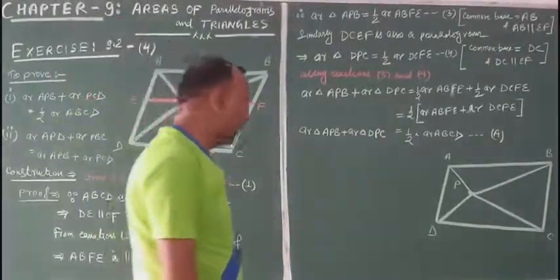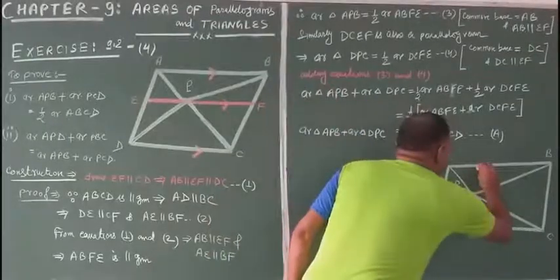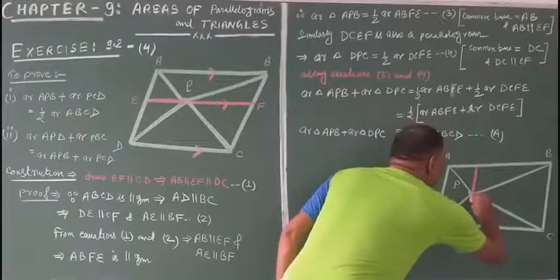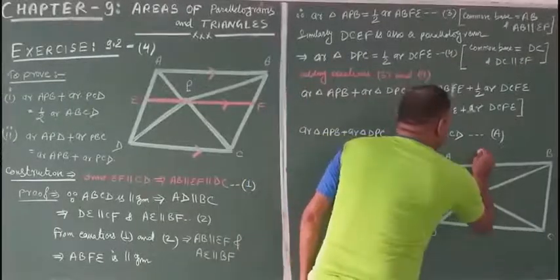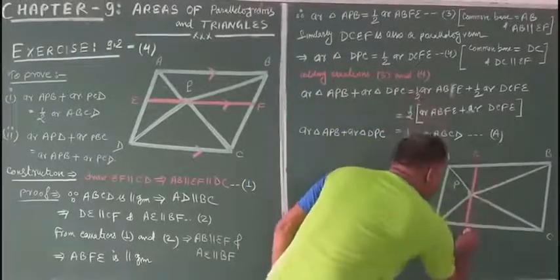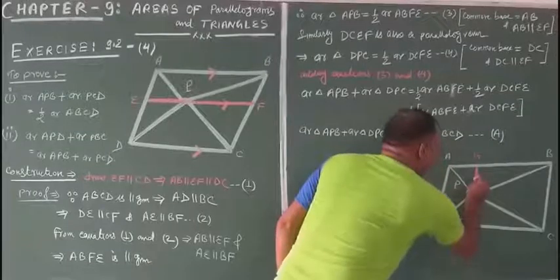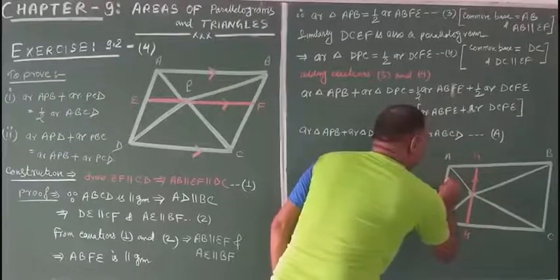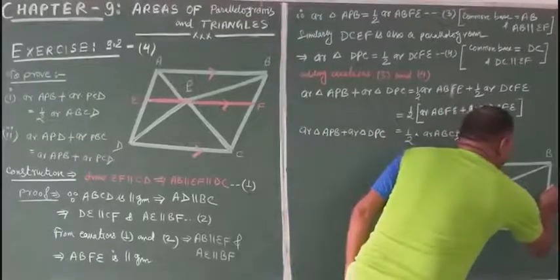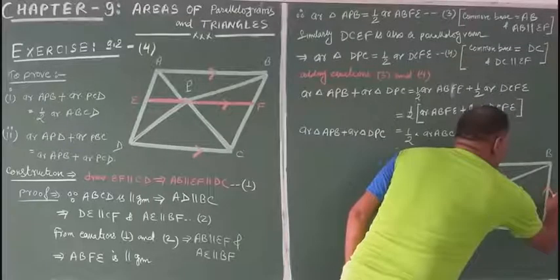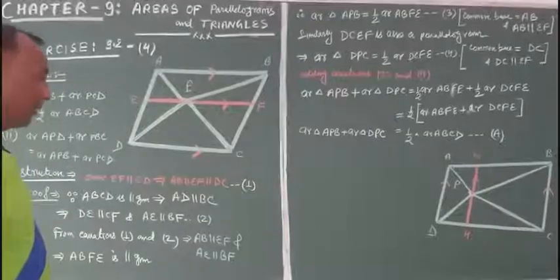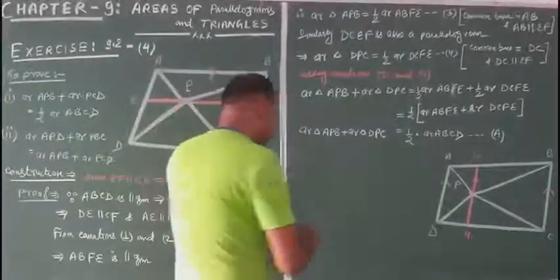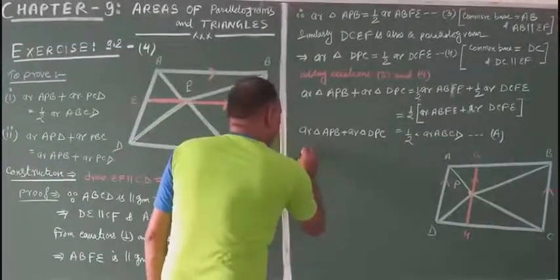We will draw a line parallel here. A, B, C, D, F. This G, H. We draw this line parallel to this. Okay. This is the proof of part first, and now the proof of part second.